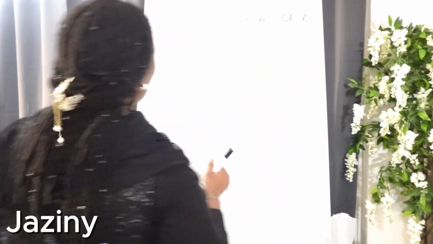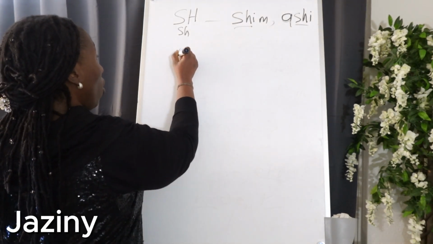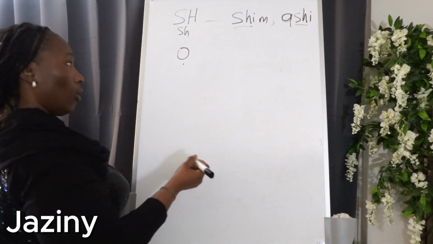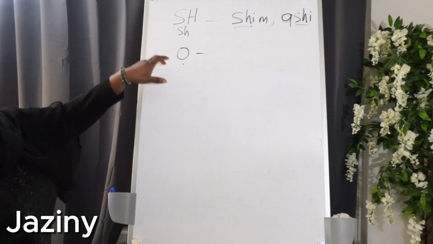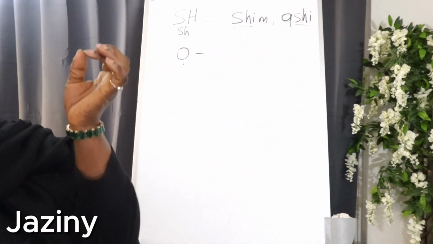So see the sh sound. I move to the next unique letter, ọ. Ọ in most cases is used as a pronoun, something replacing an object, a human being, or a place. So sometimes if I don't want to call somebody's name, I will say ọ. If I want to say something like Chinedu told me to do this, if I don't want to call his name, I will say ọ sim, he told me.